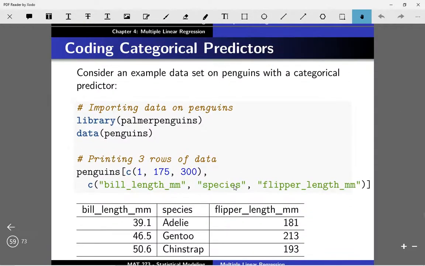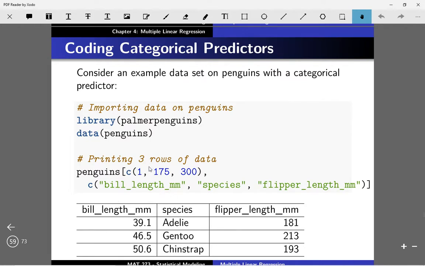So we're going to look at an example with this Palmer Penguins data set again. You guys are already familiar with this a little bit. I've shown this in a couple of our activities, and maybe in one of the slide sets too. So we have these measurements on these different species of penguin. We have many measurements on penguins within the same species, but I just showed 3 measurements here, one for each species.